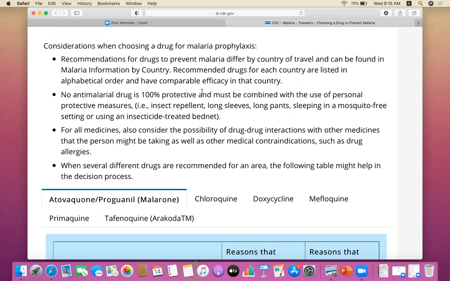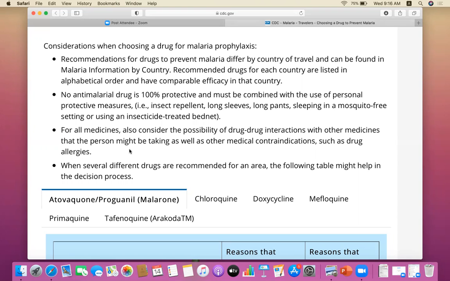Please note that no anti-malarial drug is 100% protective and must be combined with personal protective measures, that is insect repellent, use of long sleeves and long pants, sleeping in a mosquito-free setting, or using insecticide-treated bed nets.